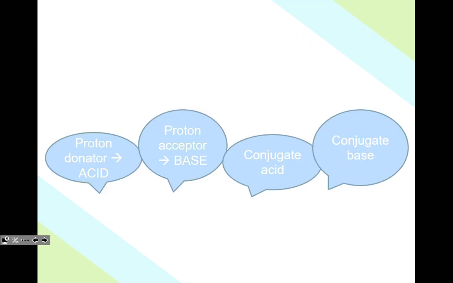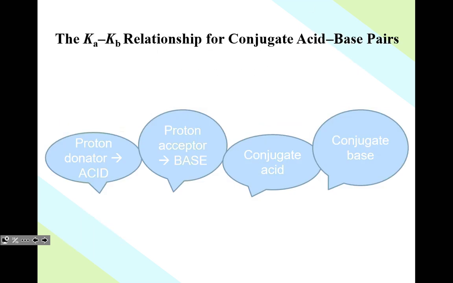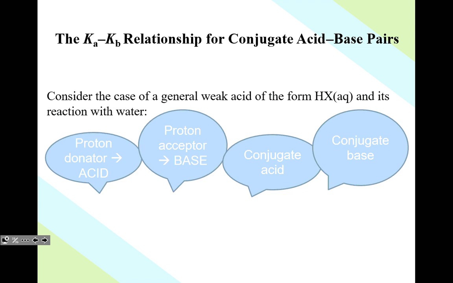You know what's coming, right? We're going to do something fancy. The Ka-Kb relationship for conjugate acid, conjugate base pairs. You already know what those are. Consider the case of a general weak acid of the form HX, so hydrogen plus any other anion that is considered a weak acid, and its reaction with water. So we're going to take H with any other thing, well, not Cl, because that would be a strong acid, right?